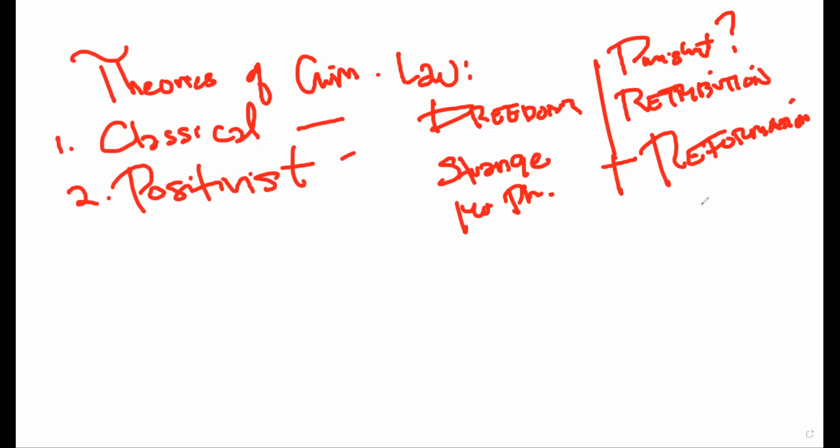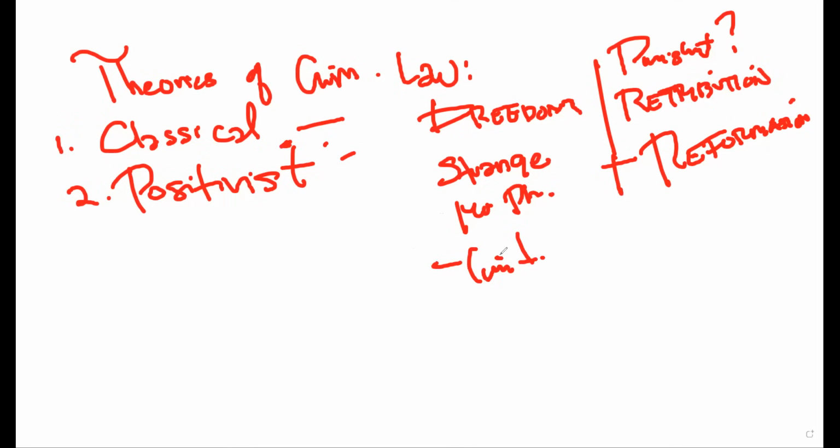So on the question, to what theory do we adhere? Tinanong sa bar exam yan. We basically adhere to the classical theory, but in some provisions that we have, we adopted the positivist theory. Like what? The mitigating circumstances, right?